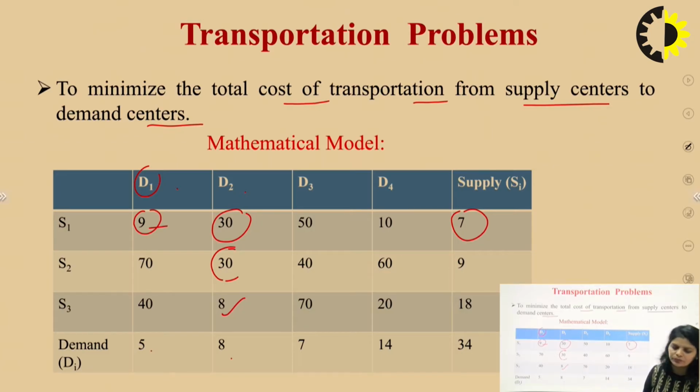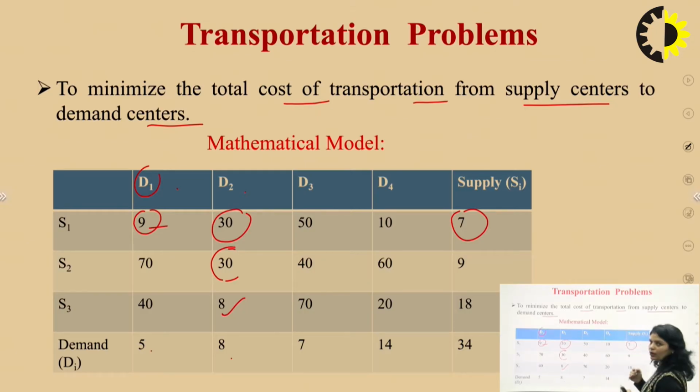Clear? Another important thing: if we want to solve a transportation matrix, we have to see that the total demand should be equal to the total supply. If the total demand and supply are equal, then it is known as a balanced problem.